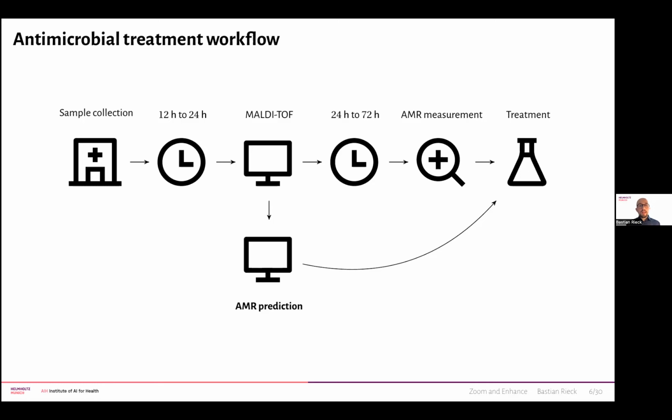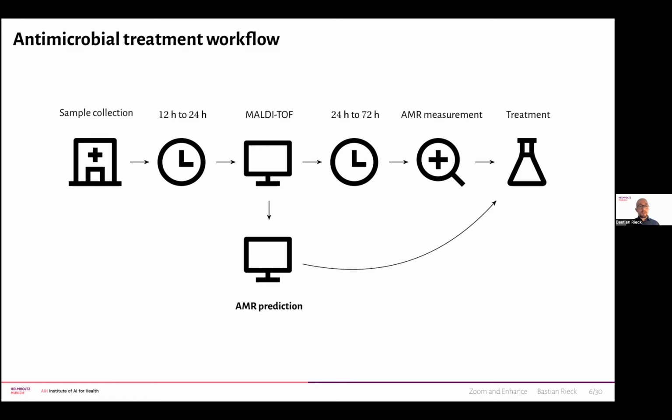And it's of course clear why this would be useful, because in the worst case, you will have to wait 3 days for your AMR measurements. So if there is an algorithm that is sufficiently precise and accurate in predicting which antibiotic would be susceptible to the infection, or conversely, which one wouldn't, then of course you can save some time.